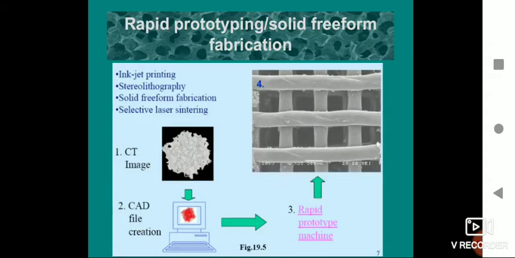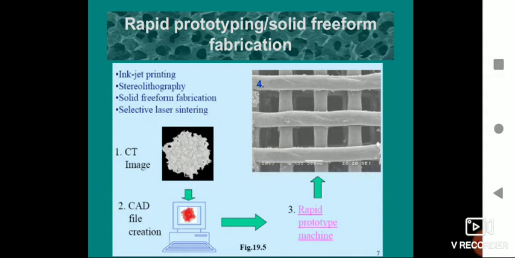Then the next method is rapid prototyping or solid free form fabrication. In this, there are different techniques that are being used, for example, inkjet printing, stereolithography, solid free form fabrication, or selective laser sintering. In all these cases, we use a specific image or picture, which will define the type of structure I want for my scaffold.